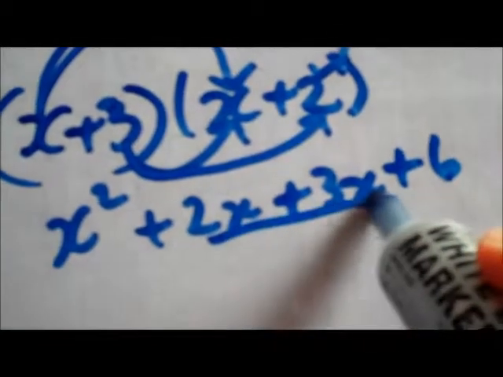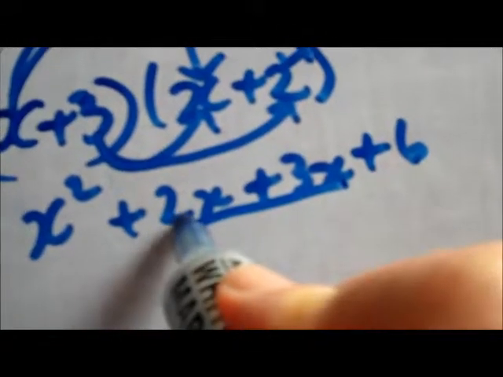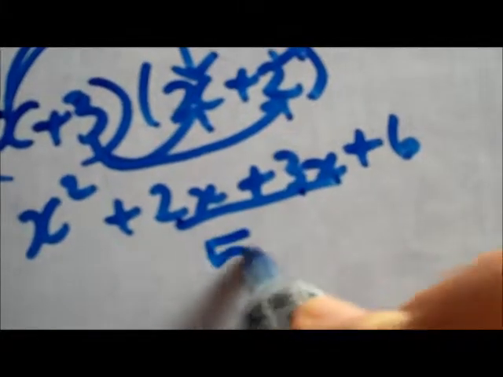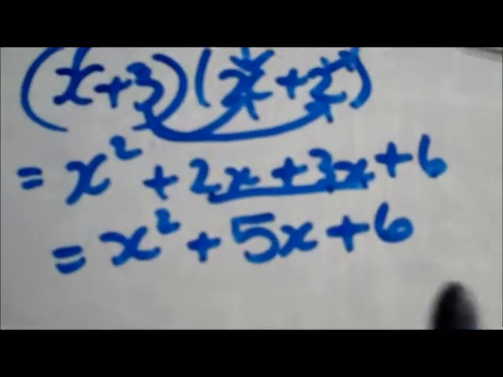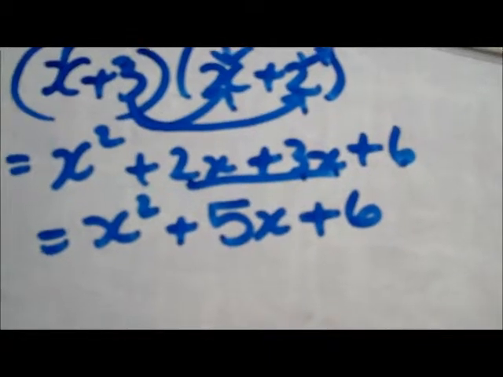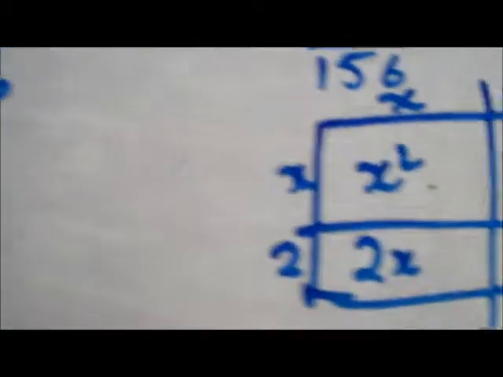This 2x and 3x are like terms. 2 lots of x plus 3 lots of x is 5x. I can't do anything else with the other parts. So I'm left with x squared plus 5x plus 6. If I look at it here, there's my 5x, there's my x squared, there's my 6.